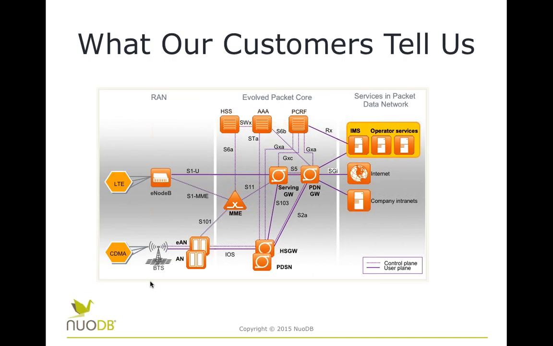So to go back to Ian's picture, he talked about all the different areas of the network and all the different components and all the different opportunities in there, and he identified this area here, IMS, within services in the packet data network, as being a key area for early virtualization.